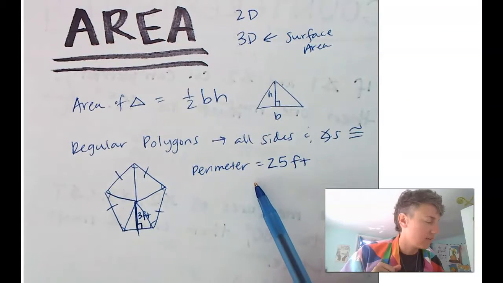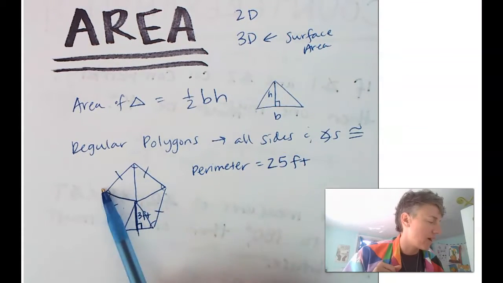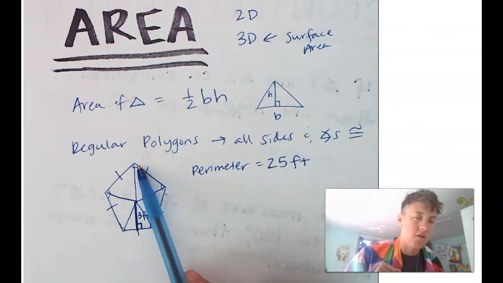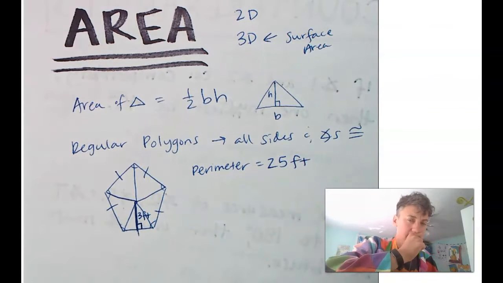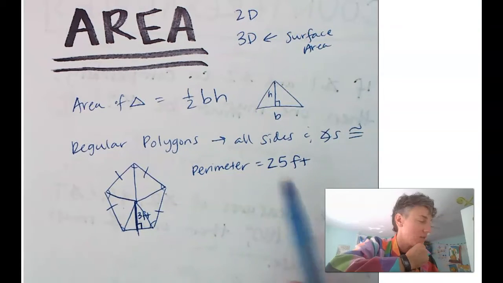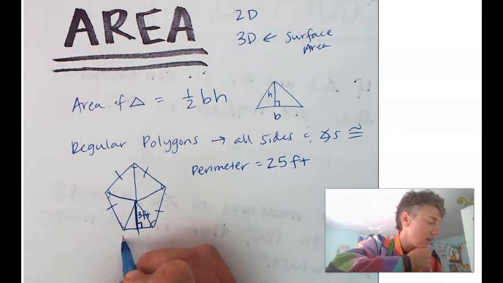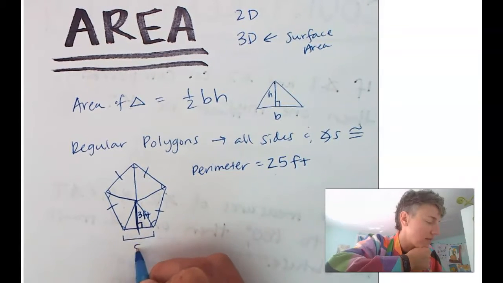So what does that mean? The perimeter is 25 feet. We have 5 sides that are all equal to each other. Each of these sides would be 5 feet exactly. We took 25 and divided by 5. So each of these sides is 5 feet.